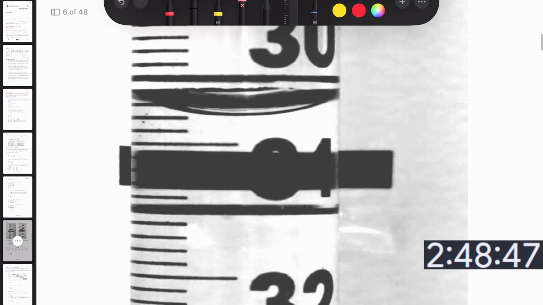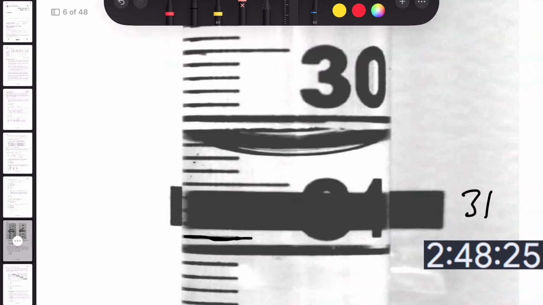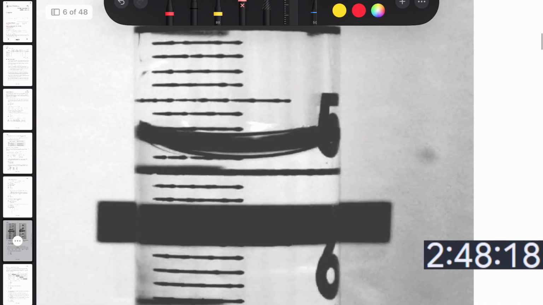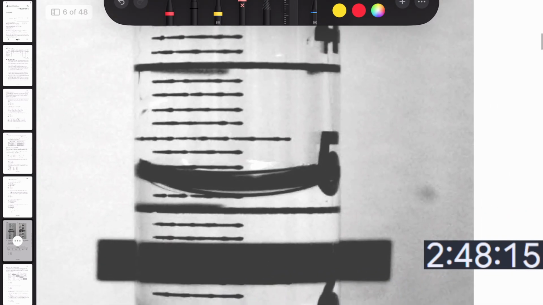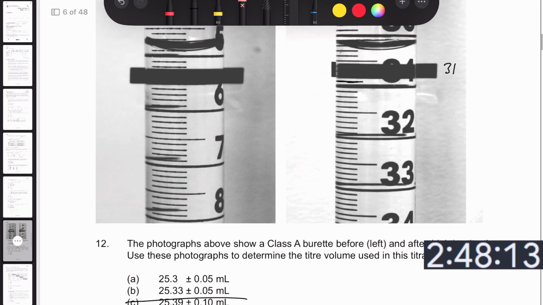This is 31. This is 30.2 minus 2.3 minus 4.9, 5.4.